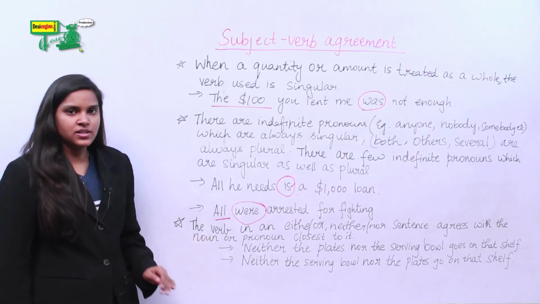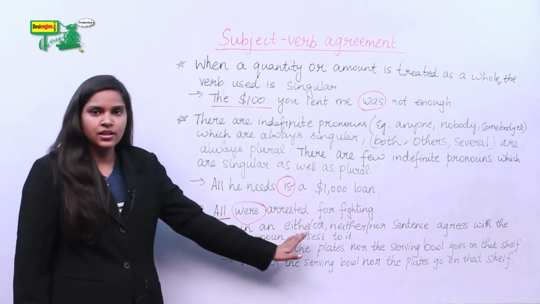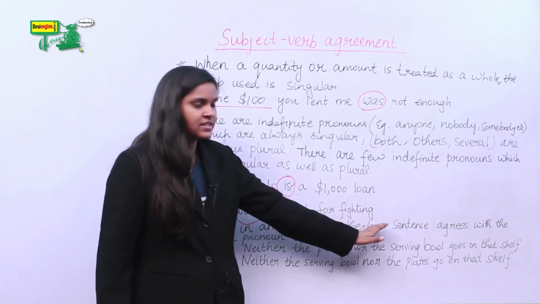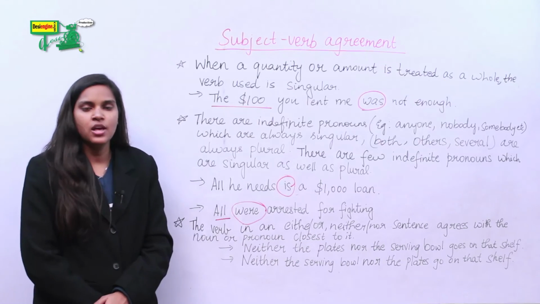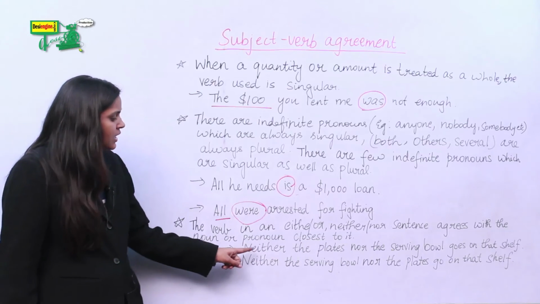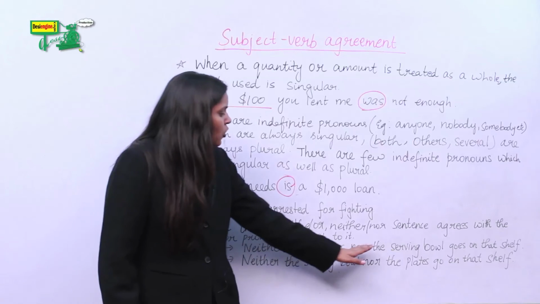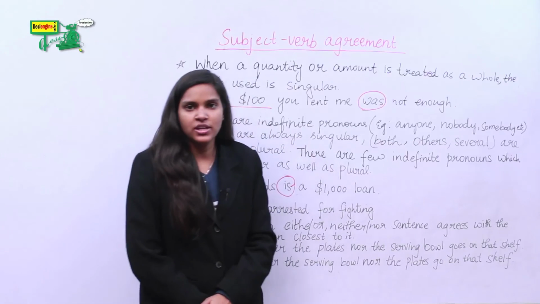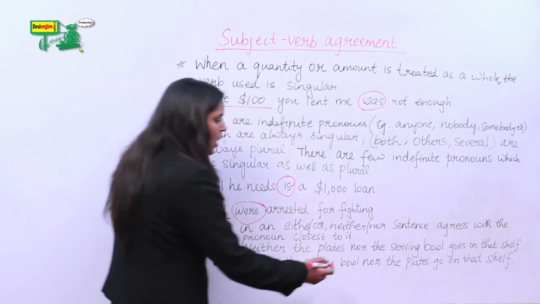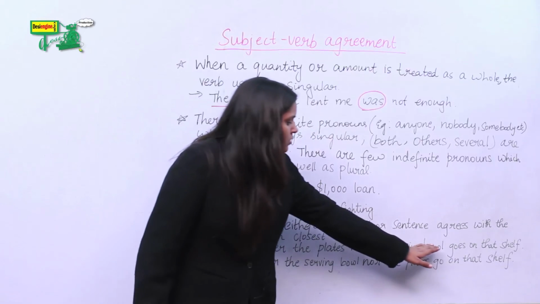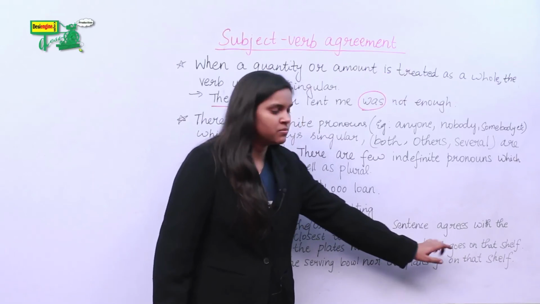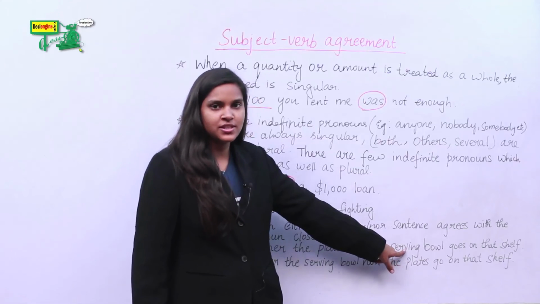The last rule is, the verb in an either or, neither nor sentence agrees with the noun or pronoun closest to it. For example, neither the plates nor the serving bowl goes on that shelf. The noun closest to the verb is serving bowl, which is singular.